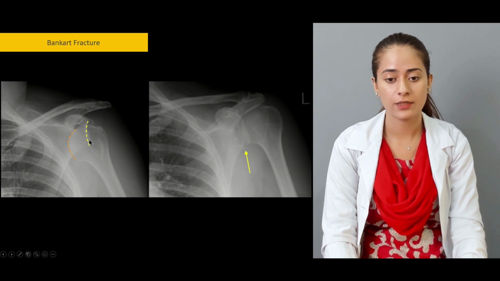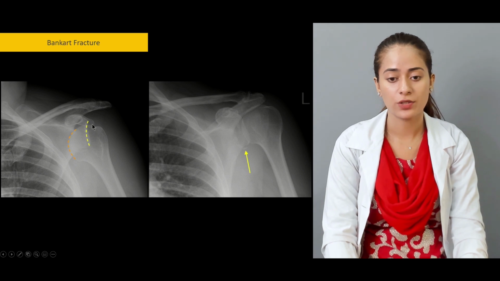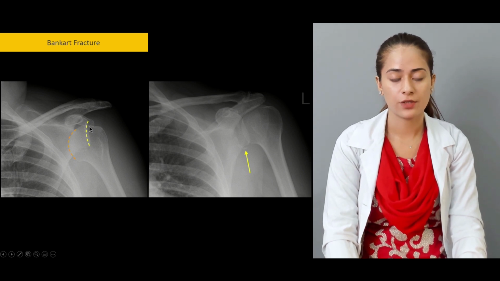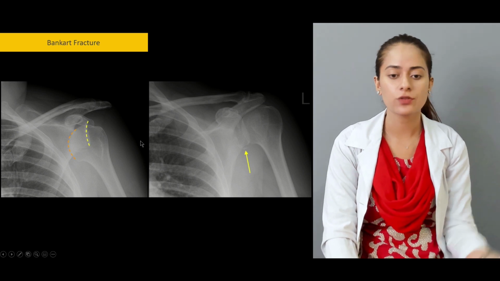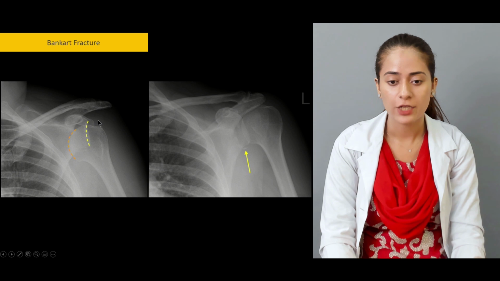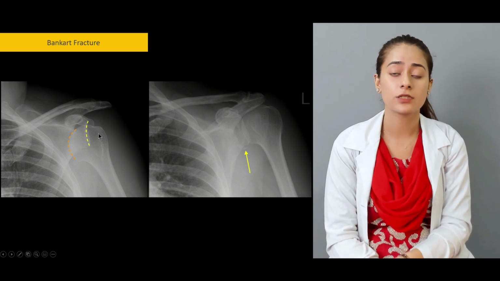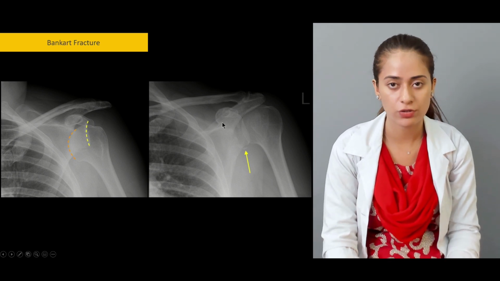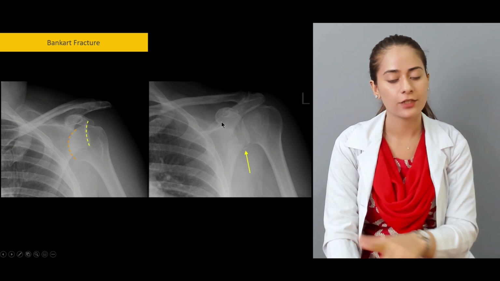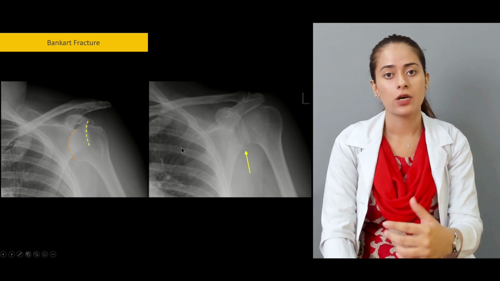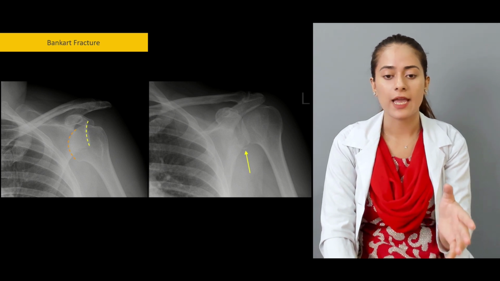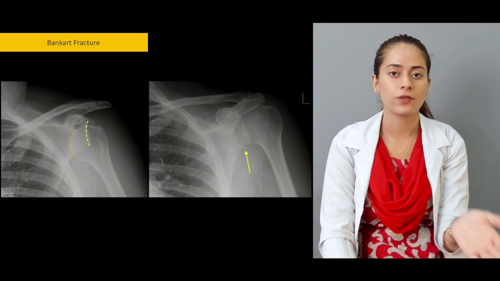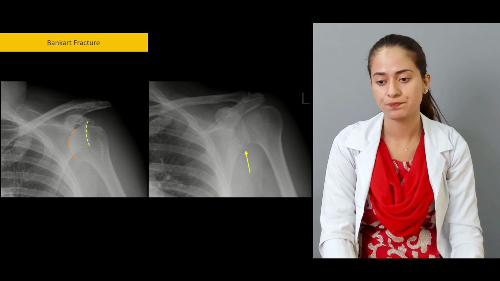This is the superior posterior surface, and the fracture of this surface is called Hill-Sachs fracture. We'll talk about that later, but it should be noted that because of this dislocation these two fractures result, the Bankart fracture and the Hill-Sachs fracture. Hill-Sachs is a fracture of the humeral head, and the Bankart fracture is actually a fracture of the glenoid labrum.